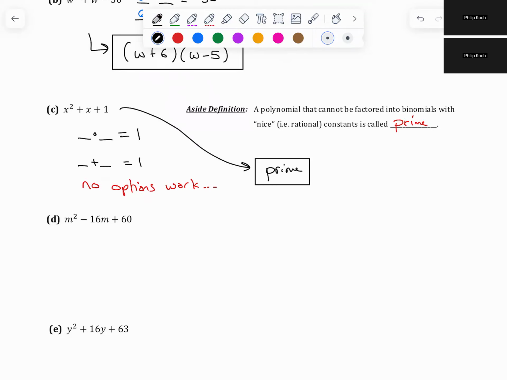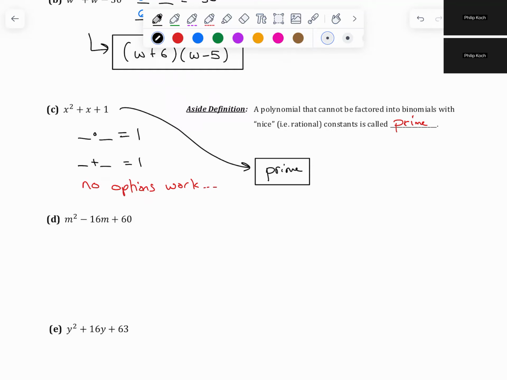Now, what you may be wondering, and I think you should, is does that mean it cannot factor? Does that mean there's no way to break it up into binomial terms, like x plus something times x plus something else? And the answer is no, it can be factored. It just can't be factored nicely. It requires the usage of what we call the quadratic formula, which we'll talk about soon enough.